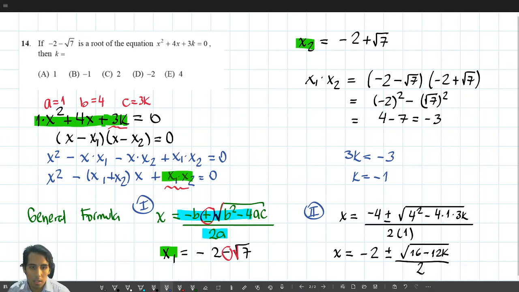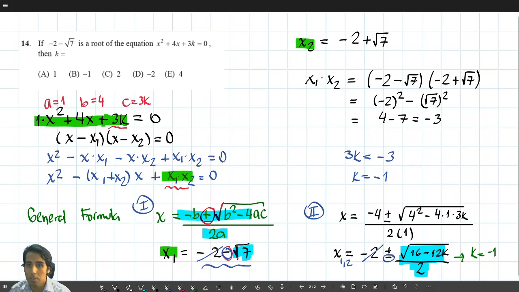So if we compare this root and these solutions, because this is x1, x2, we take the minus 2, which is the same as here, and we take the minus, so the root of 7 must be equal to all this expression. And if we solve this, we are going to obtain that k equals minus 1.